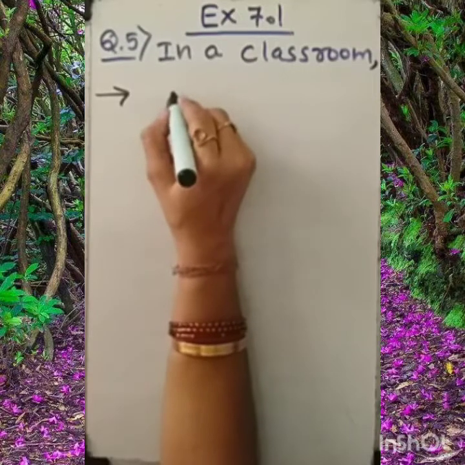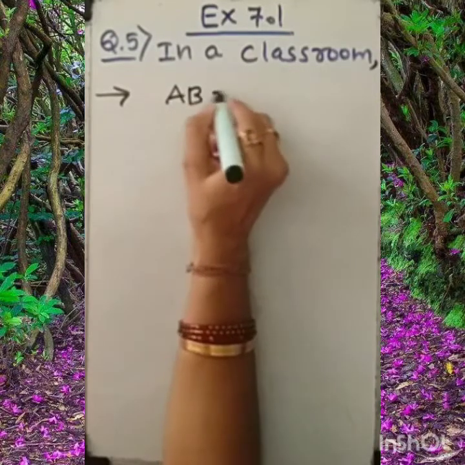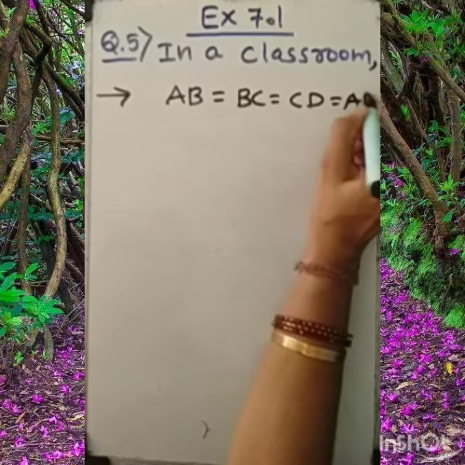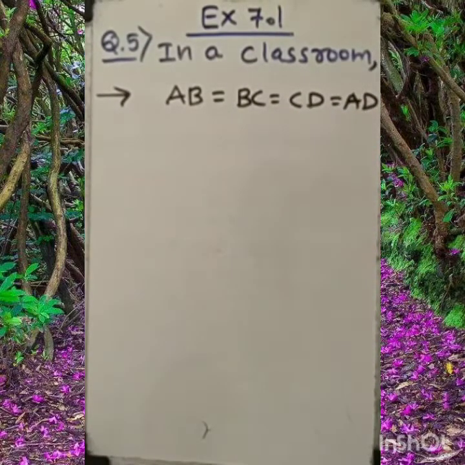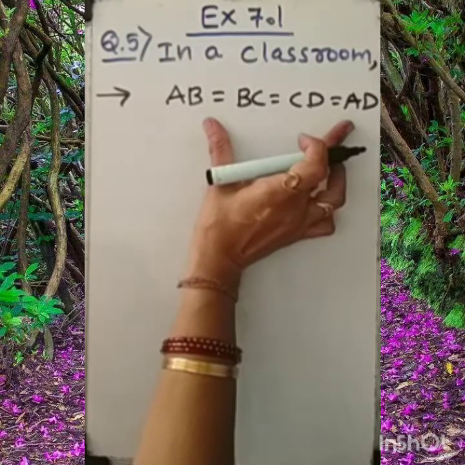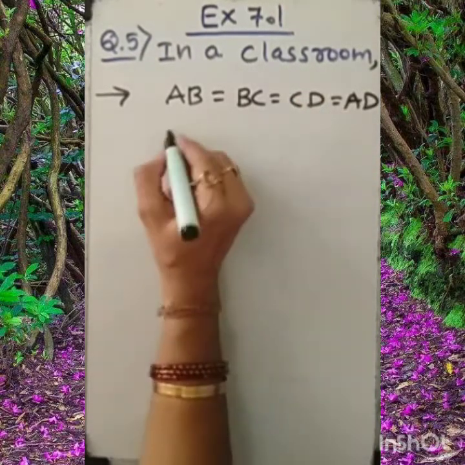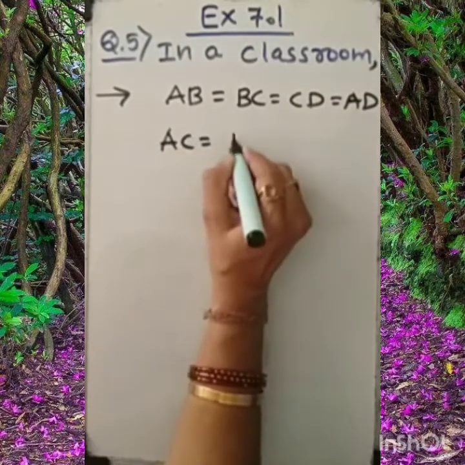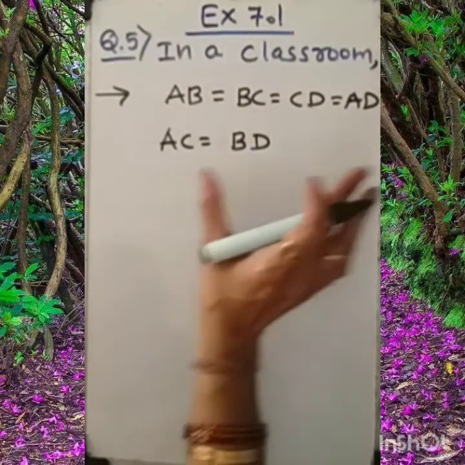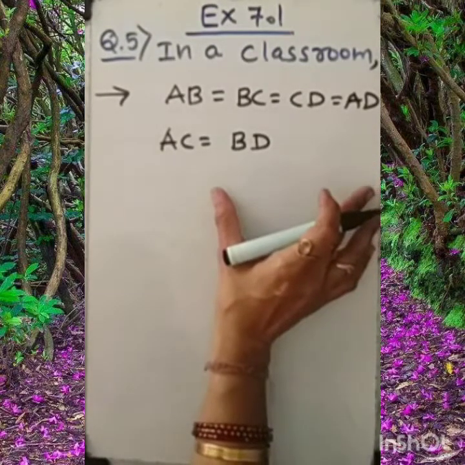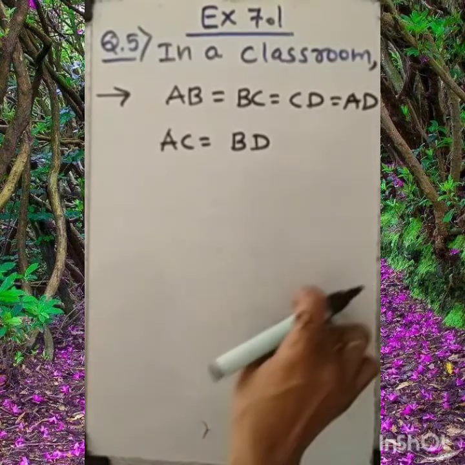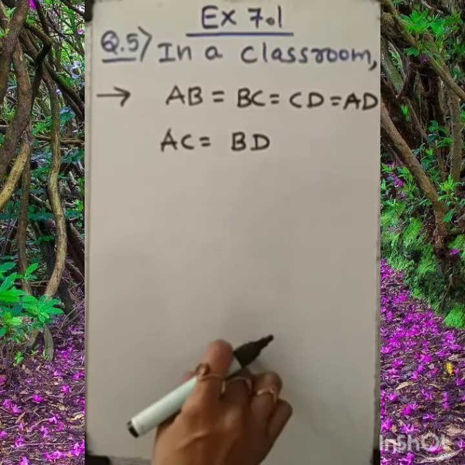Here you can see, dear student, AB equal to BC equal to CD equal to AD. After observing all four sides, we can come to the conclusion all four sides are equal, and beside that AC equal to BD, two diagonals are also equal. Therefore, ABCD, the figure which they are forming, that is the graph.